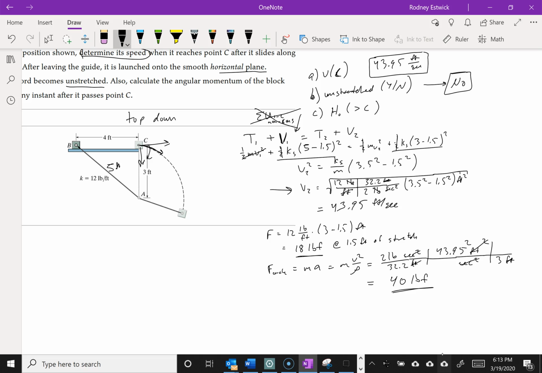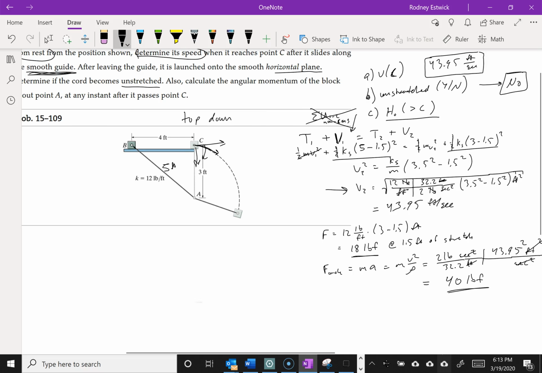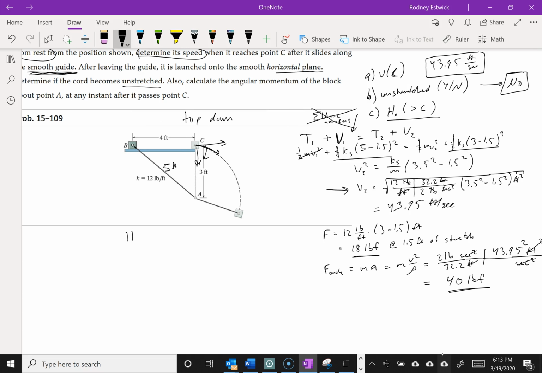All right, so last, what is the angular momentum at any point past Charlie? So what is angular momentum? It's the r vector crossed into the momentum, linear momentum. So at this point, it's 3 feet. And right here where it comes off, this is 90 degrees. So conveniently, the cross product just becomes RMV, and then the direction of the angular momentum.